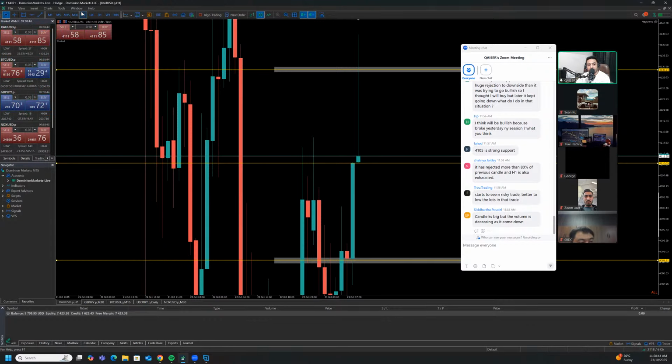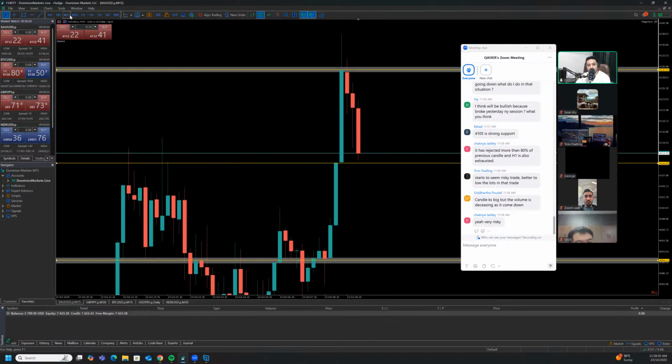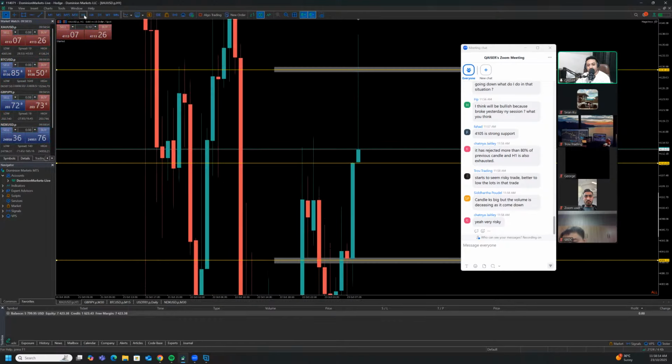But look at the plan. Just look at the plan. One minute left for this candle to be closed. Candle size is big, but the volume is not decreasing, the volume is hitting the market.